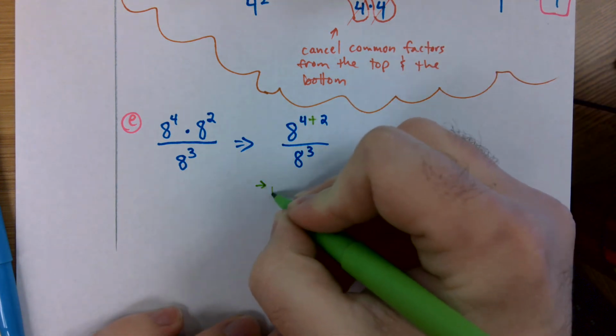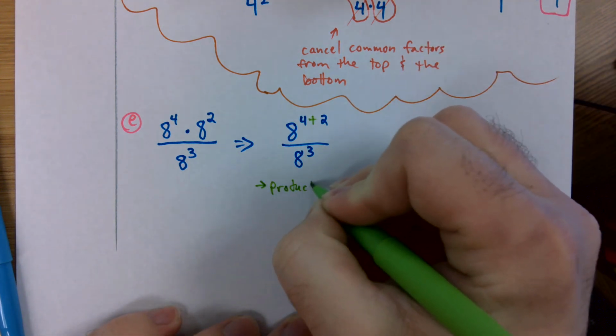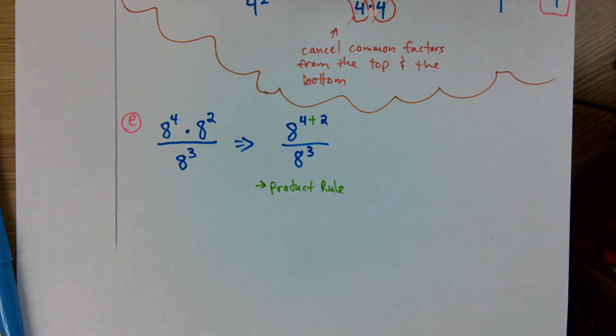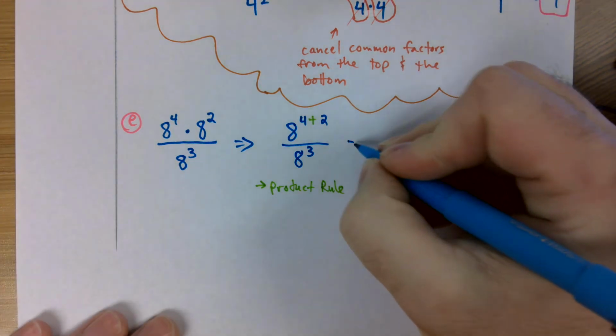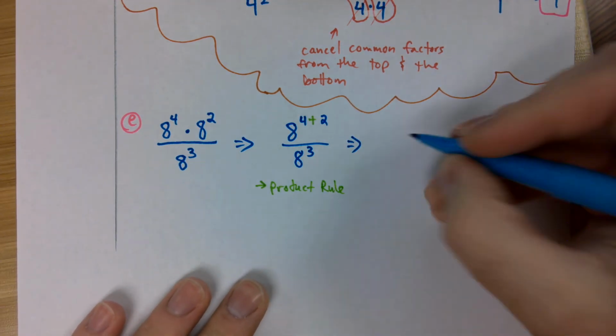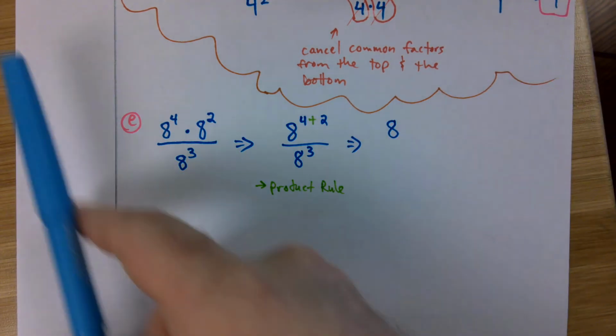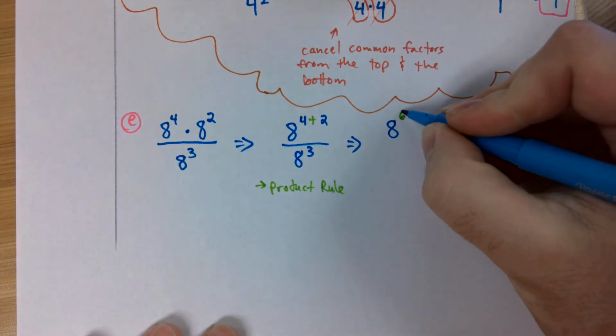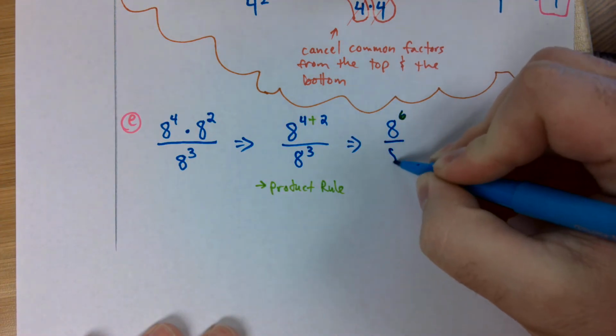And that is the product rule. That gives us 8 to the 6th power on top over 8 to the 3rd.